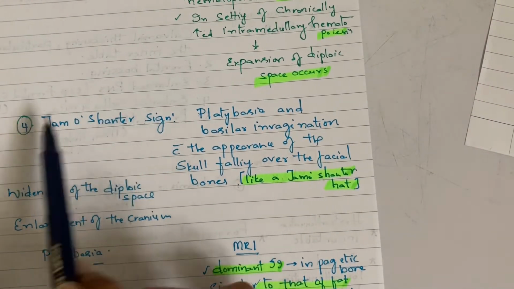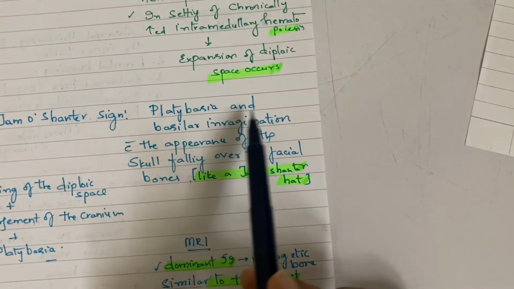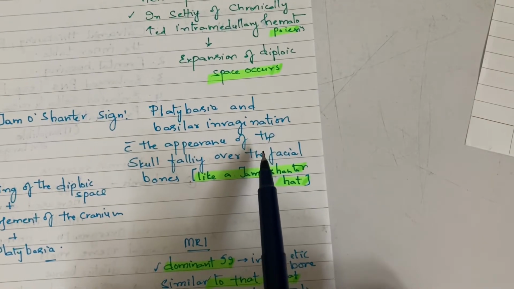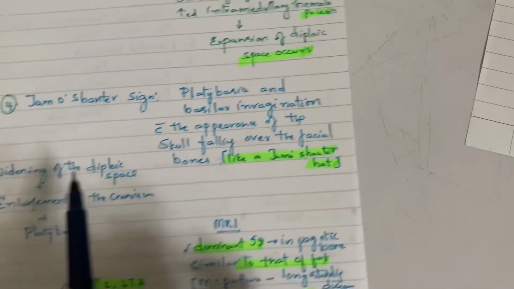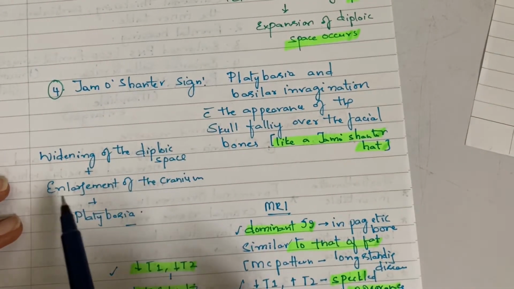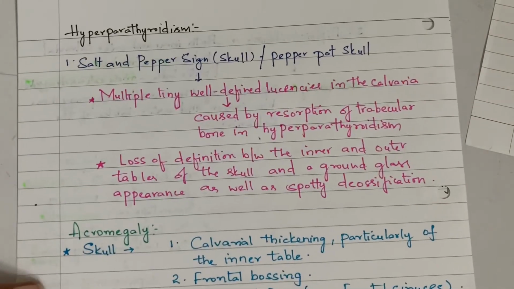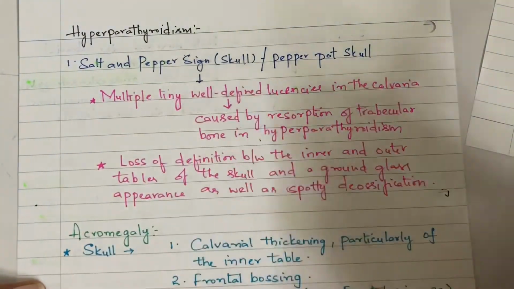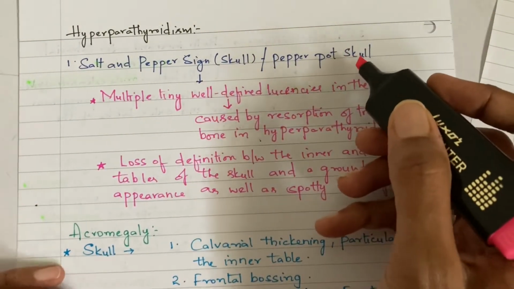Tam-O'Shanter is a hat. So the skull appears like a Tam-O'Shanter hat. Due to platybasia and basilar invagination, the skull appears as if falling over the facial bones. So in this Tam-O'Shanter sign, there will be widening of the diploic spaces, enlargement of the cranium, and platybasia. Now the findings in hyperparathyroidism. One of the findings within the skull is the salt and pepper sign or pepper pot skull.